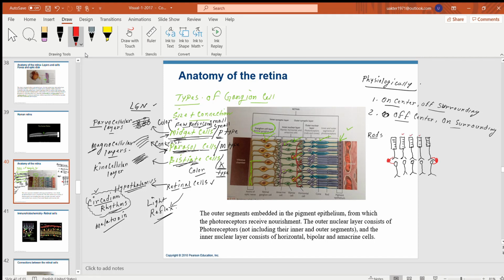Okay, only present in these 2. Okay, now this is the ganglion cell.